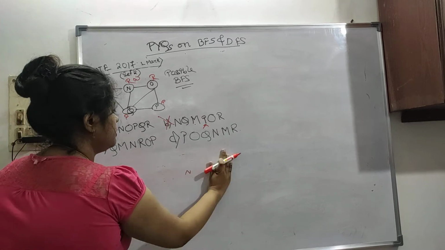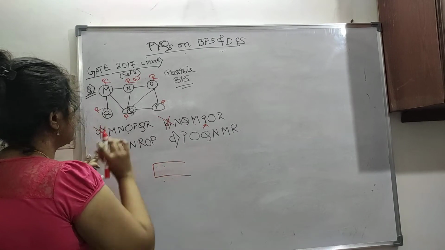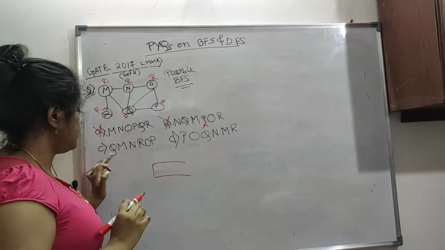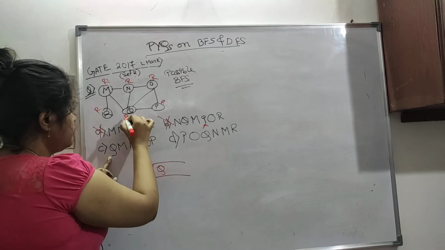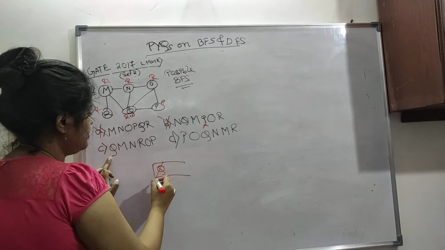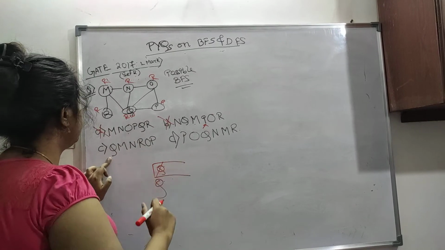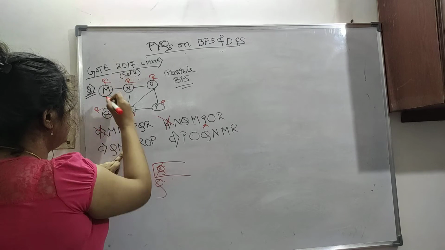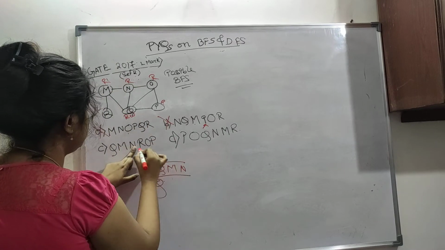So now our next option is this. So let's say Q is our starting vertex. So Q is here, then Q is popped and it was in waiting state, and now all the adjacent vertices will be put in our Q. So adjacent vertices are M, yes, M is adjacent, then N, N is also adjacent.